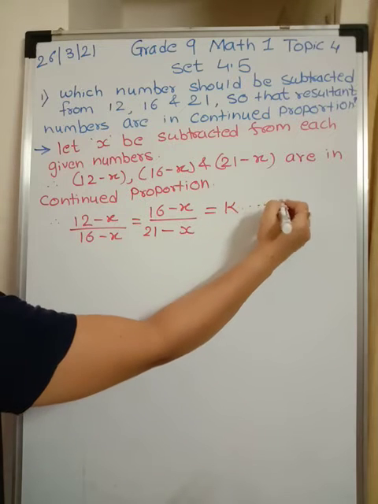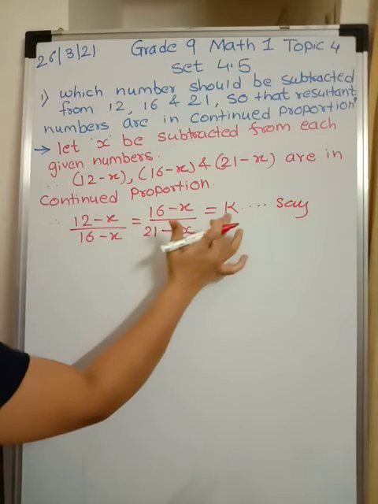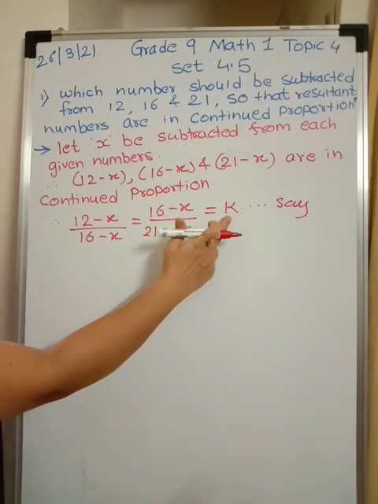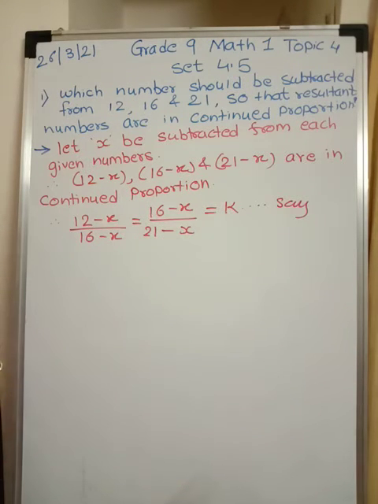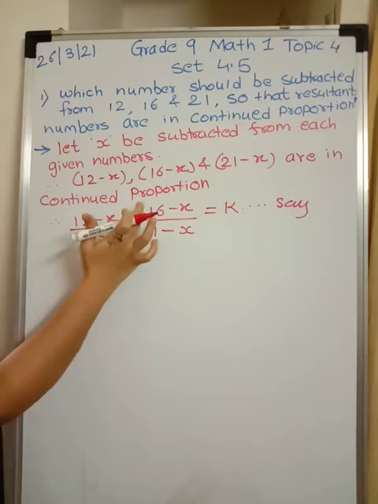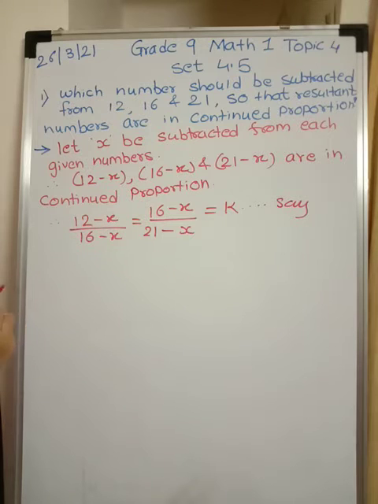I told you when you solve problems on equal ratios involving continued proportion, it is easy to solve by the K method, equating the ratios by K. Now by the property of equal ratios, see what I am doing. I am going to subtract the numerators. The same operation should be done to the denominators also.